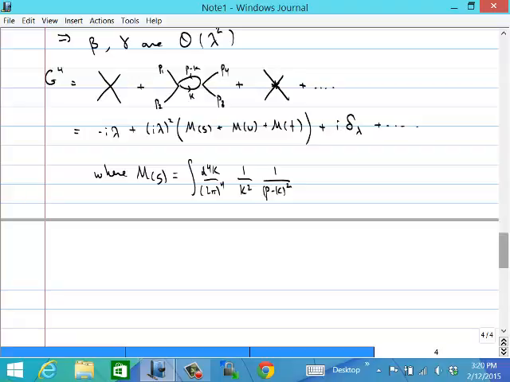And that is a logarithmically divergent integral. We know that the fact that it's logarithmically divergent is not an accident. It corresponds to the fact that the coupling lambda is dimensionless. Remember in our power counting discussion of renormalization, dimensionless couplings were associated with logarithmic divergences.